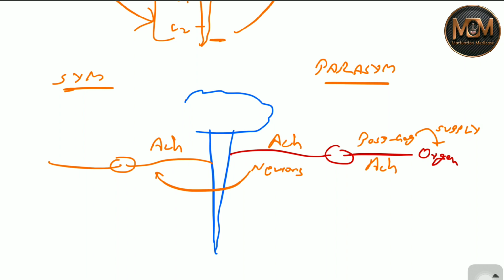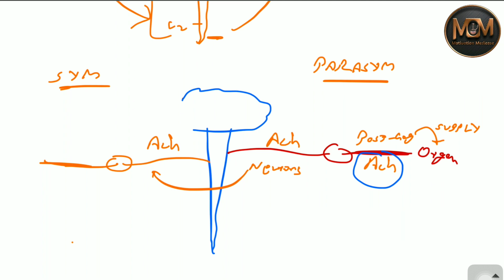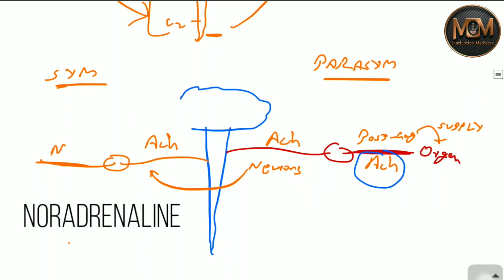The postganglionic makes the difference. In the postganglionic parasympathetic, the neurotransmitter is acetylcholine, while in the sympathetic it is noradrenaline and adrenaline.